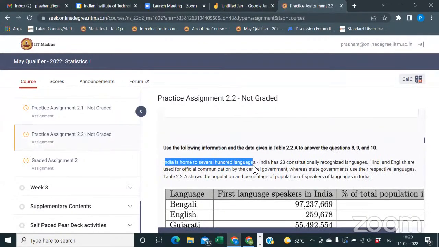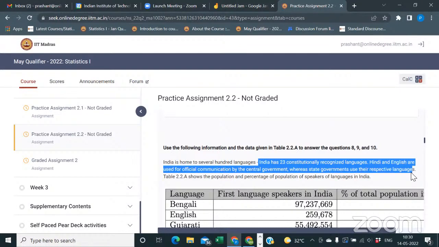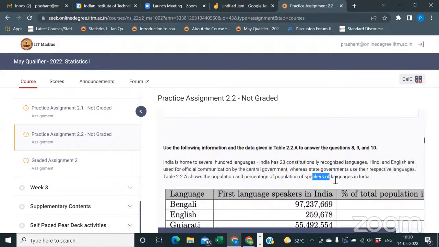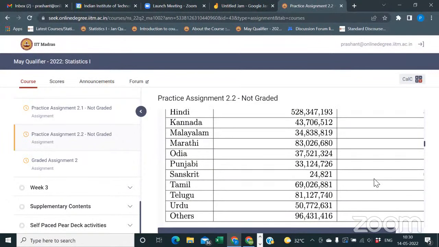India is home to several hundred languages. India has 23 of these languages. Hindi and English are used for official communication by the central government, whereas state governments use their respective languages. The table shows the percentage of population speaking languages in India. See, the data is collected all about the languages of India.